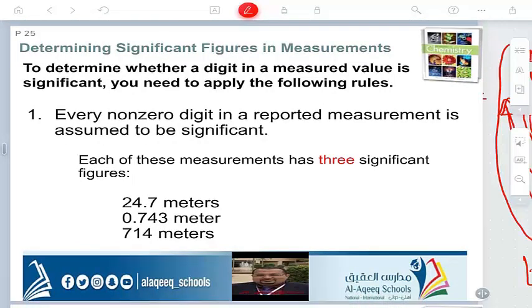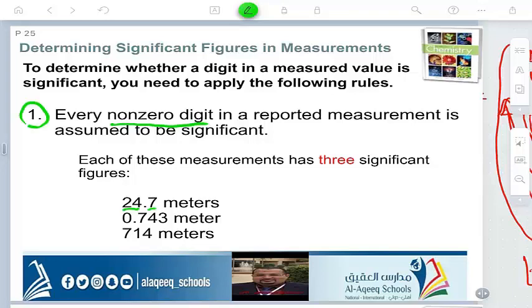The first rule, rule number 1: if you have non-zero digits, they are reported as significant. Like these examples. You have 2 numbers before the decimal and 1 after the decimal, and all of them are non-zero digits, no zero here, and all of them are significant because we can measure or identify them.